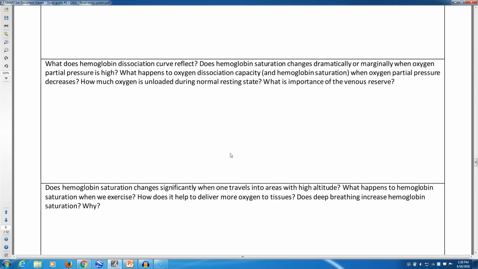Favorite topic of every student. Is there any, very fundamental question, is there any law underlying, like an equation, that describes the hemoglobin dissociation curve? Or is it no, just empirically observed? It is what it is.